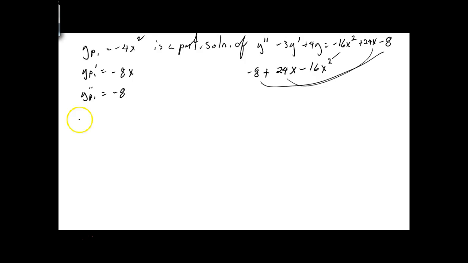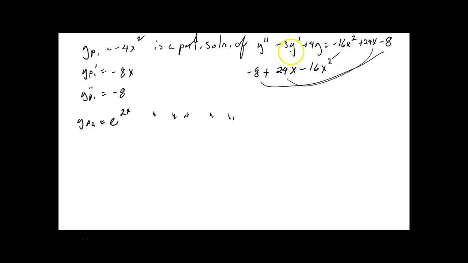We also want to know that yp2 equal e to the 2x is a particular solution of y double prime, all that's the same, and this is equal to 2e to the 2x. Well, let's do it the same.